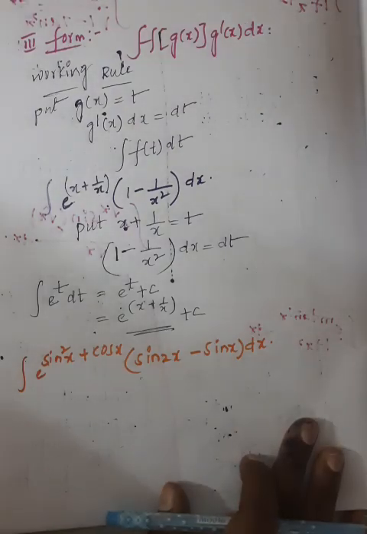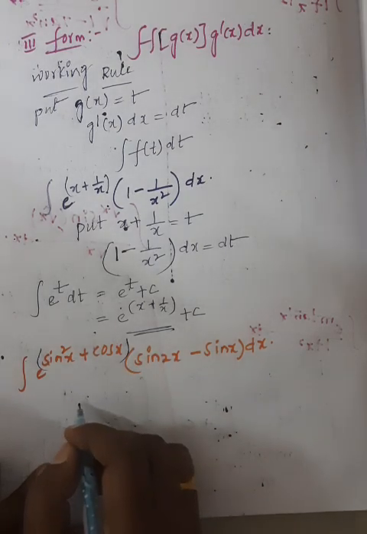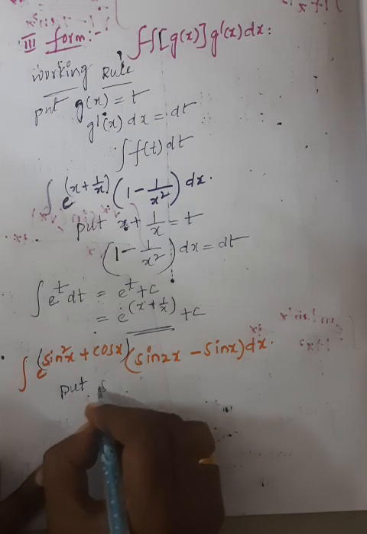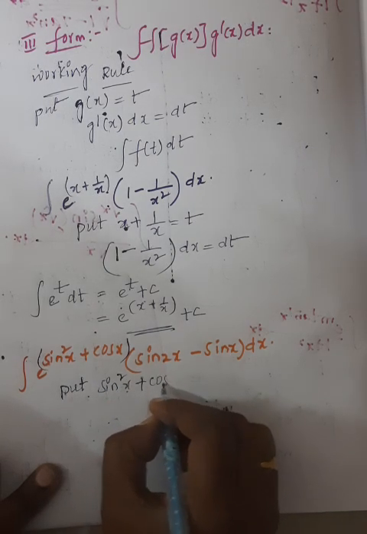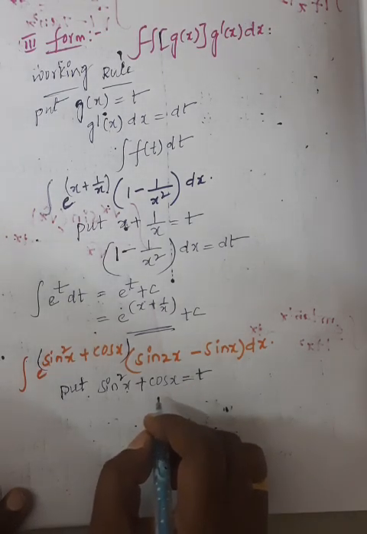So our next question is e power sin square x plus cos x into sin 2x minus sin x into dx. So here also you have to consider sin square x plus cos x as t. So put sin square x plus cos x is equal to t. Then after you have to differentiate both sides.